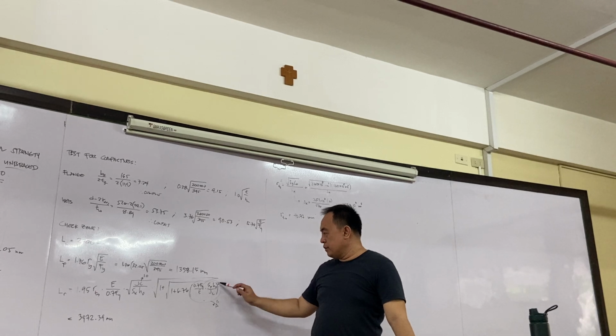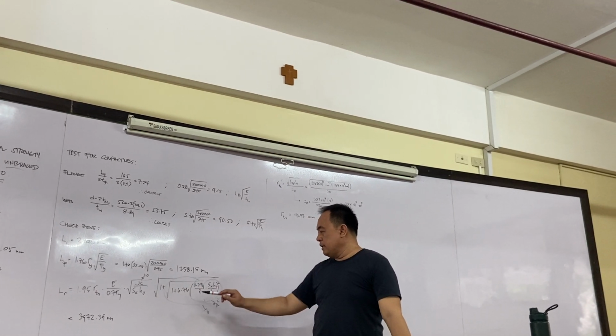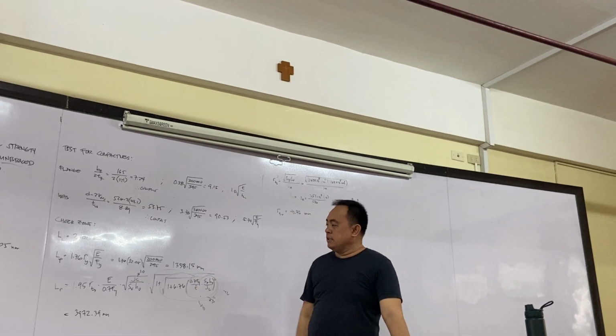Sa store. Tapos, square inilagay I over kay 30, sa C, 10 to the power of 6.